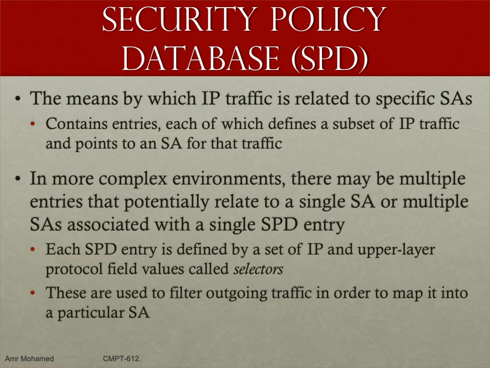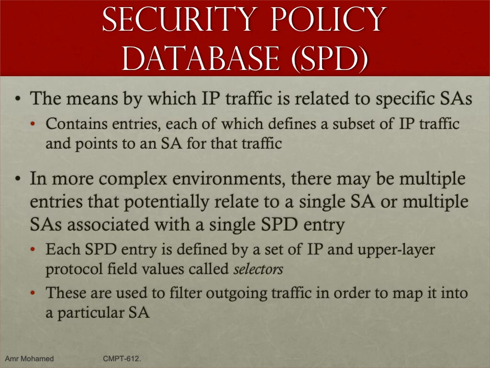Each security policy database entry is defined by a set of IP and upper layer protocol fields. We call them selectors. These selectors may in fact be any combination of these: a source IP, destination IP, username, okay? Or any other fields. We'll see all these particular fields which can be part of these selectors.